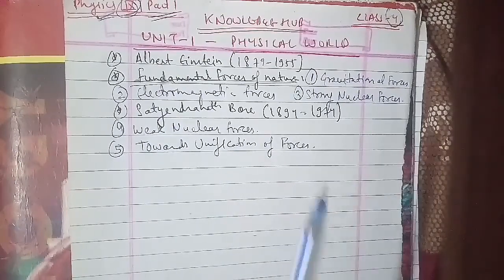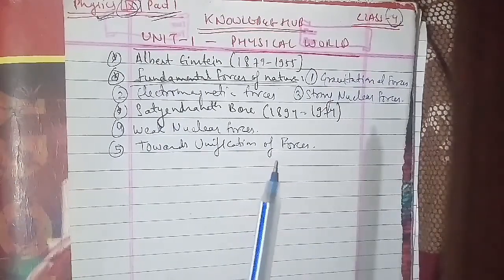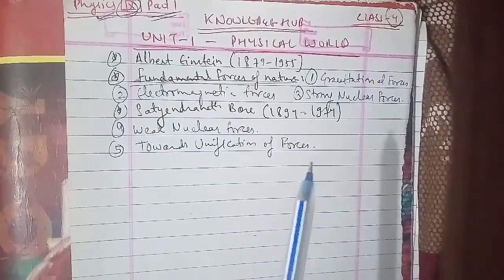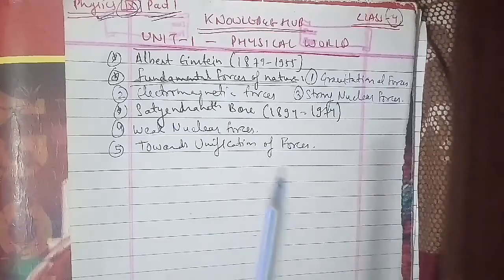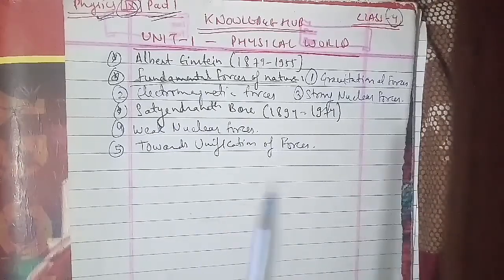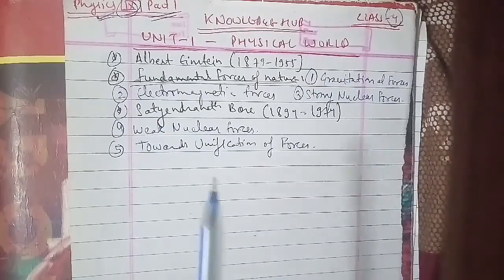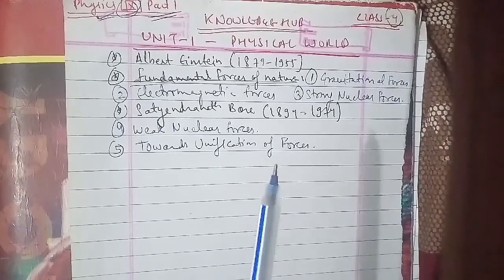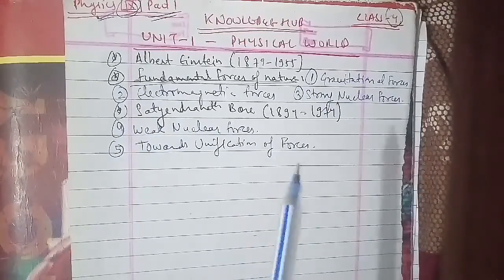Fundamental forces of nature. We make a table with columns: name, relative strength, range, and operates among.